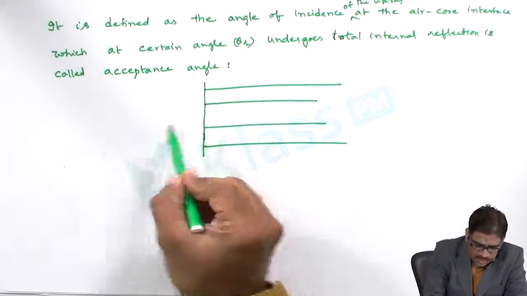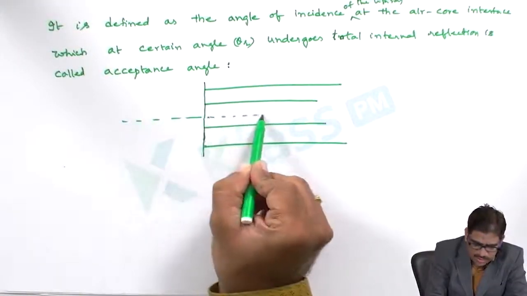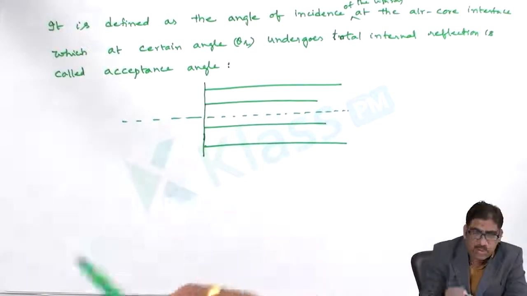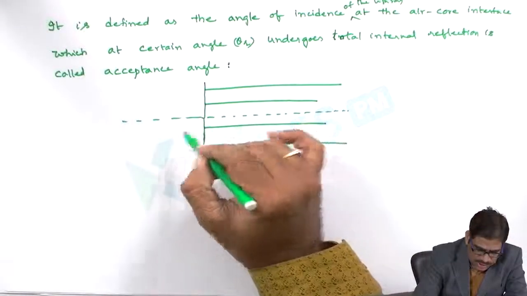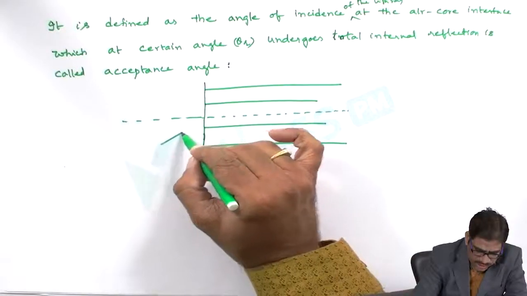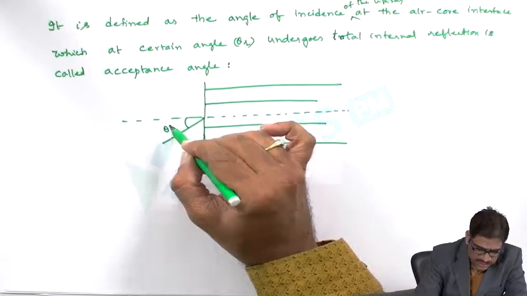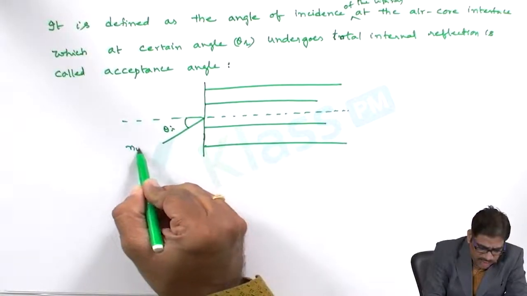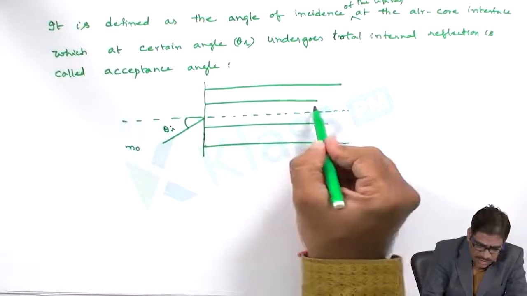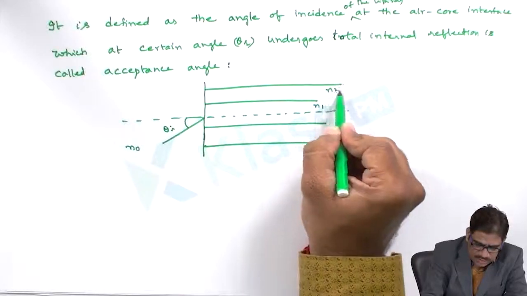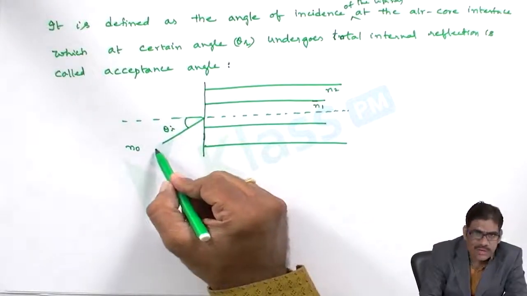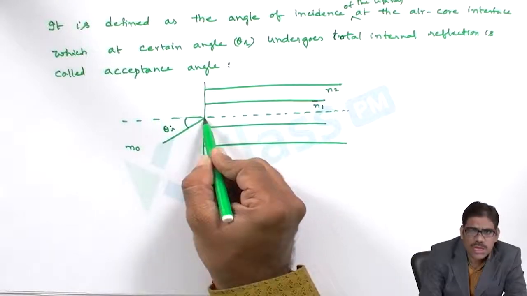Now this is your principal section of the optical fiber. Now the light ray is supposed to be incident over here. This we refer to as the angle of incidence, which is theta I. This is moving from refractive index N0 to refractive index N1, and this is N2. Now the light ray is entering from the air medium onto the core medium.